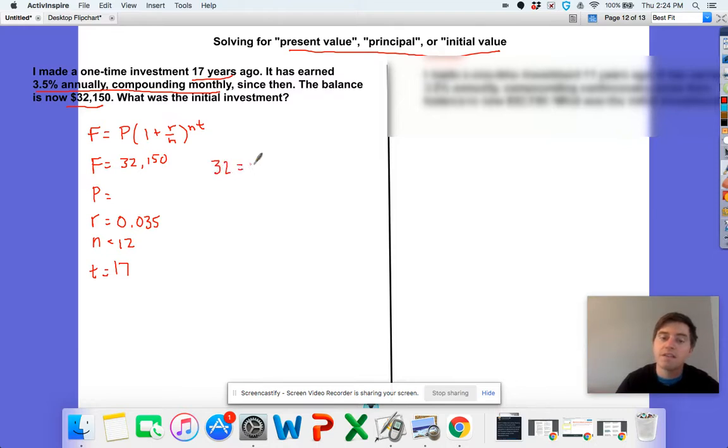So when we plug these in, we're looking at 32,150 equals P times (1 plus 0.035 over 12) to the nt, so 12 times 17.